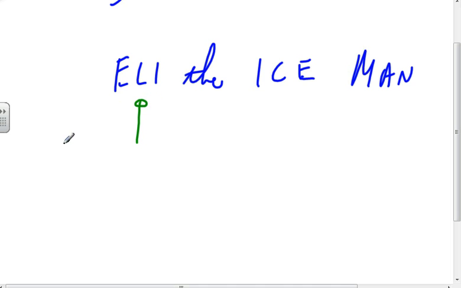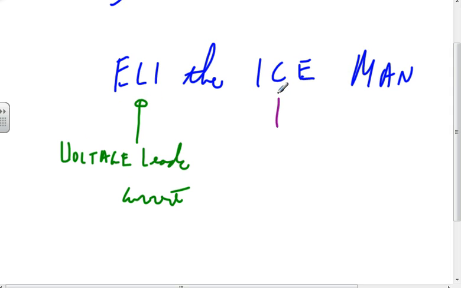So voltage leads current. And in a capacitive system, which we haven't discussed yet because we don't know what capacitors are, the current leads the voltage.